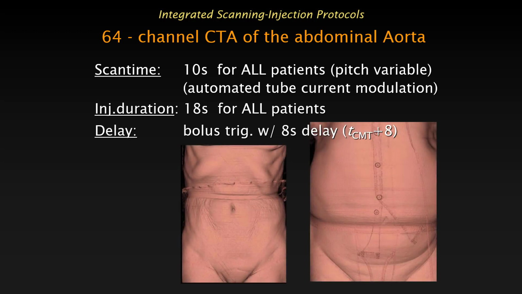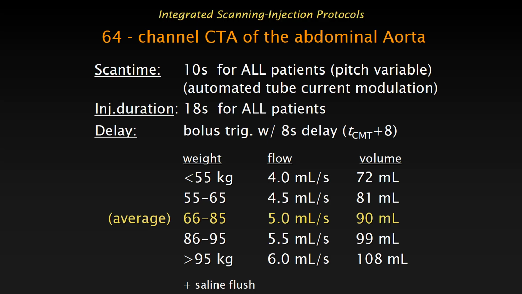It also allows you to adjust for body weight or different sizes, because since the injection duration and the scan time are always the same, you can make a very simple table that says, okay, for the average person, you inject 5 cc's per second, and you need 90 cc's of contrast. If you have a smaller patient, your flow rate is less, but your volume will be less accordingly, because again, the scan time and injection duration are always fixed.